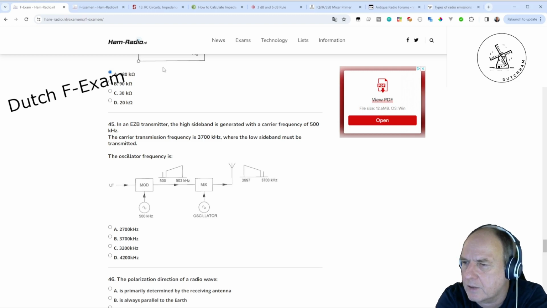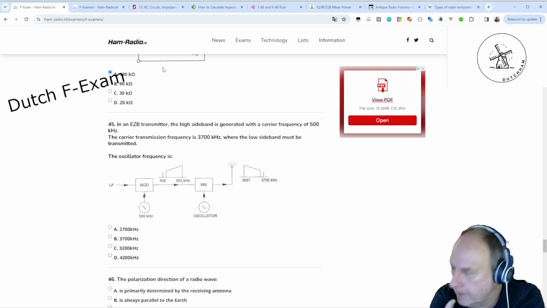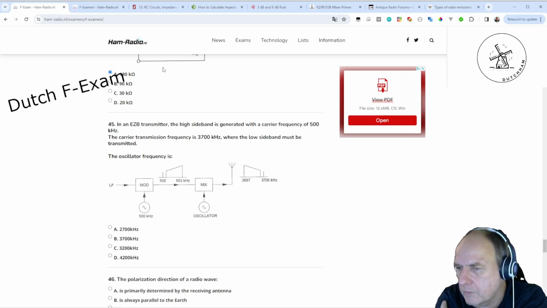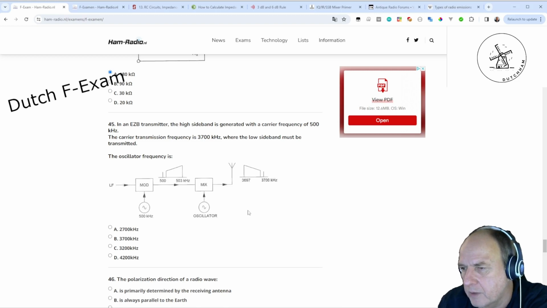The oscillator frequency is... That's either C or D. B doesn't make sense because you get... Oh, it is C. No, it is D. Because then you subtract it from the 4200, then you come out.